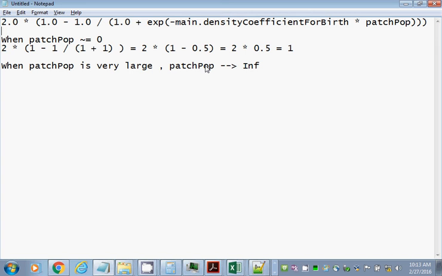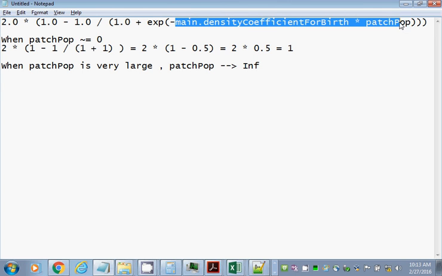In other words, as patch pop goes to infinity, as patch pop becomes very large, this coefficient, the whole darn thing, approaches 0, which is what we want. We want the effective birth rate to go to 0 as we get a huge number of organisms in this population.